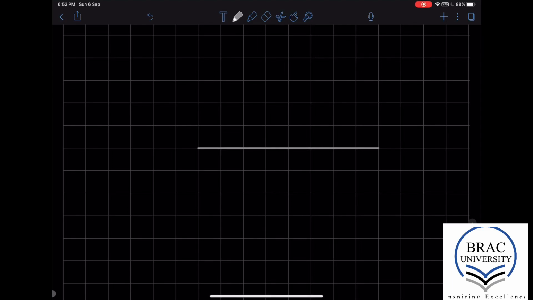This is the wire, and here is our point P. Let us introduce a coordinate system, where this is the i hat direction, this is the j hat direction, and the z axis, or the k hat direction, points out of the plane of the screen.